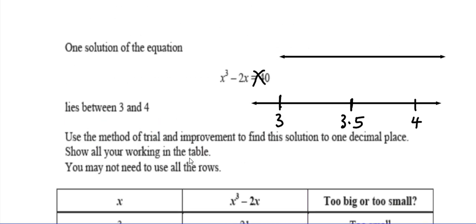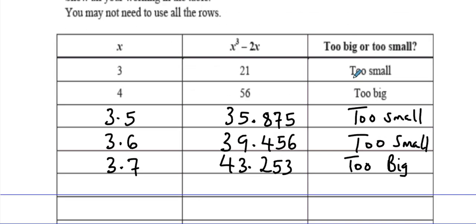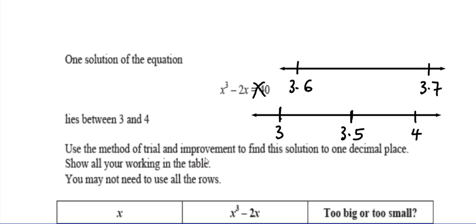So here try to check the numbers which are between 3.6 and 3.7. Alright, okay, so try the number which is exactly halfway between 3.6 and 3.7. This is 3.65.